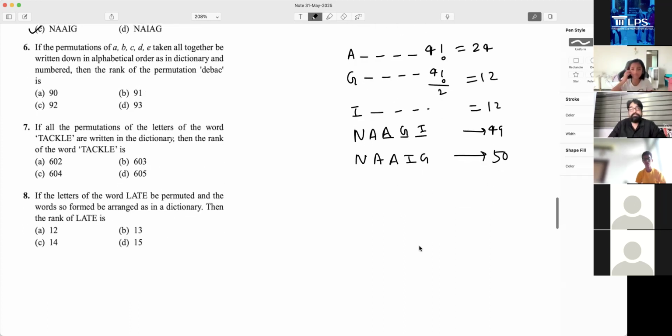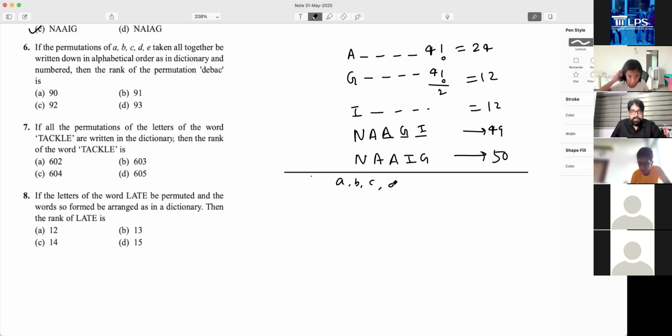Let me do. A, B, C, D, E. I will start arranging till the time I get DEBAC. So first, with A, how many words are possible which start with A? 4 factorial, 24.